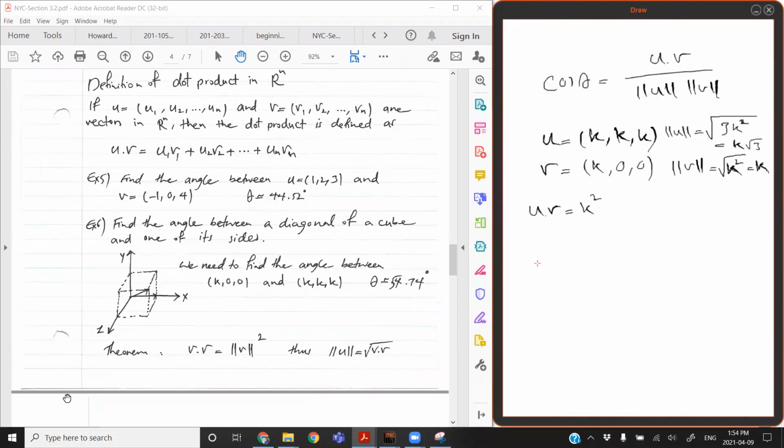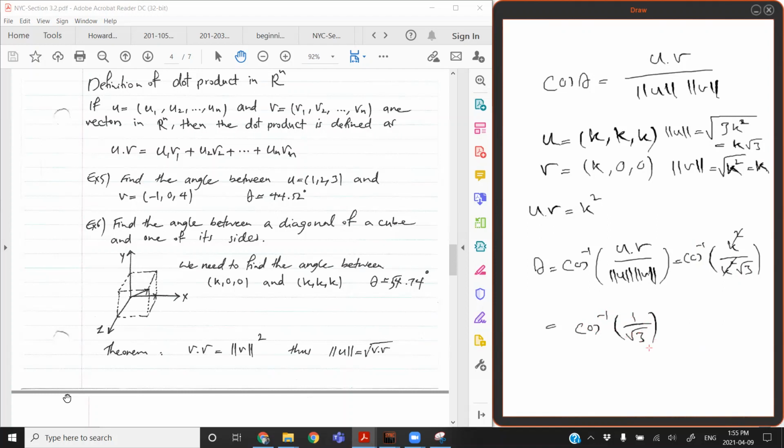So theta, which is cos inverse of u dot v over norm of u times norm of v, is going to be cos inverse of, on top I have k squared, at the bottom I have the product of these two, that's k squared times root 3. So you can see that the k squared cancels k squared. It's going to be cos inverse of 1 over root 3.